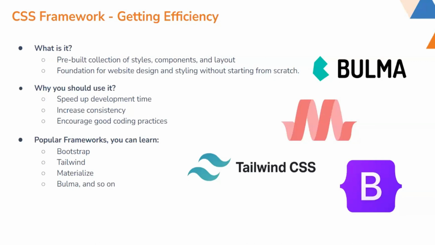It's perfect for building mobile-friendly websites. Learning any of these frameworks can significantly speed up your development process and help you create visually appealing designs and more responsive layouts across different devices. While in a CSS framework we get most of the components ready, you can still customize things as per your requirements.